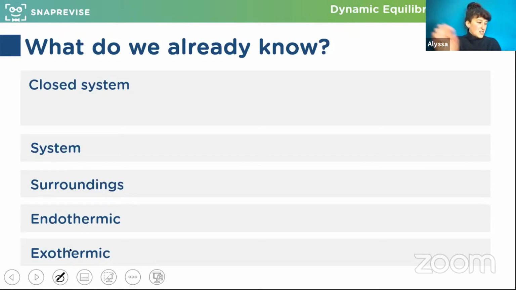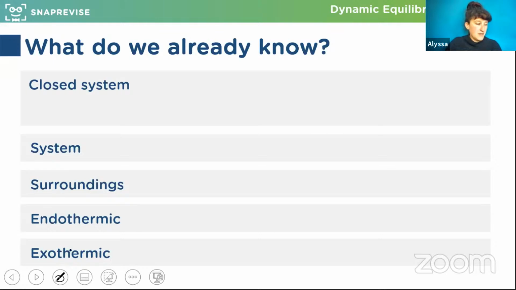Lovely. Fantastic. So the closed system specifically is talking about the fact that no energy or matter can leave or enter the system, which is what lots of you have said, and nothing is transferred to the surroundings. So let's pop something in like that.